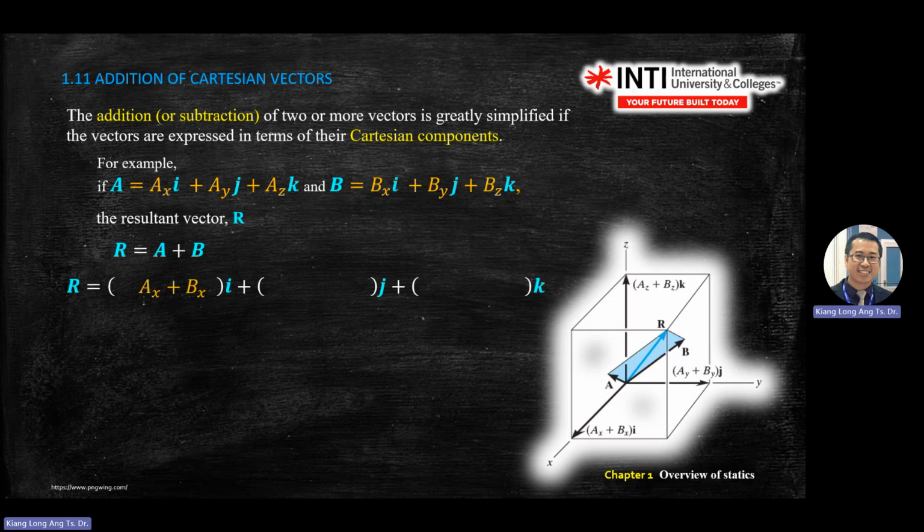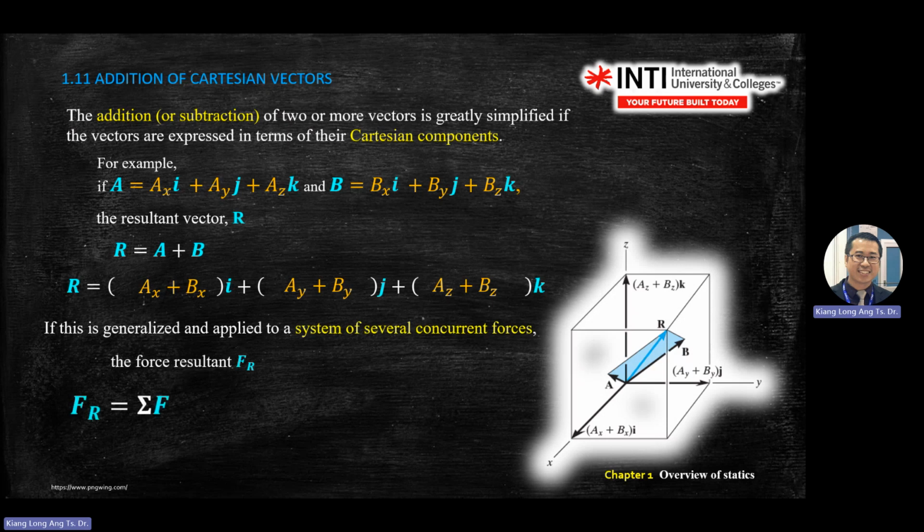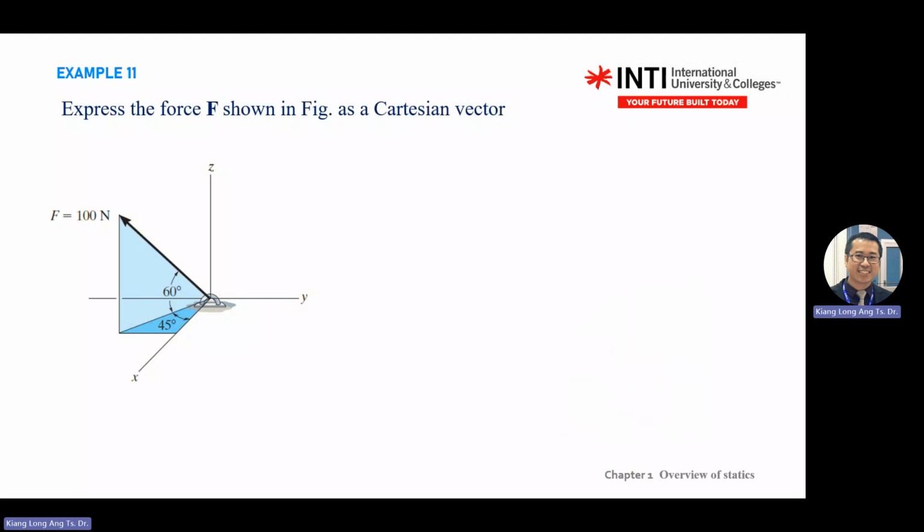Here, AY plus BY. This one is the same, you already repeated it in the previous tutorial question. It means if you find the resultant, you can find it in X direction, Y direction, Z direction. Simple one, you should be able to know.